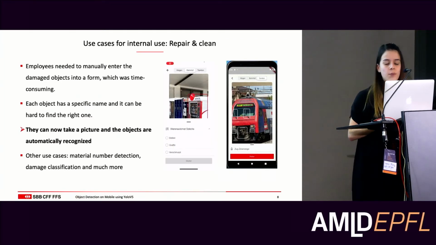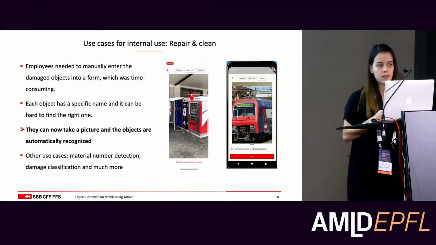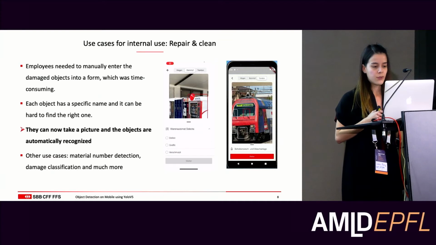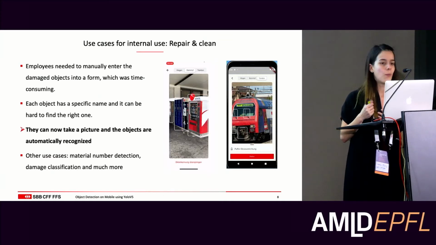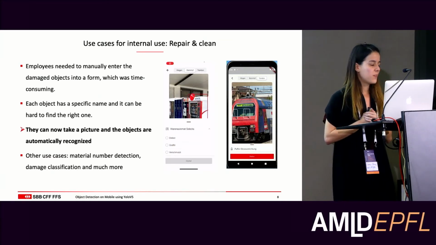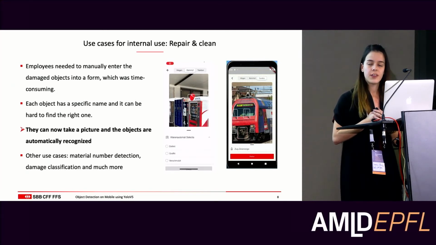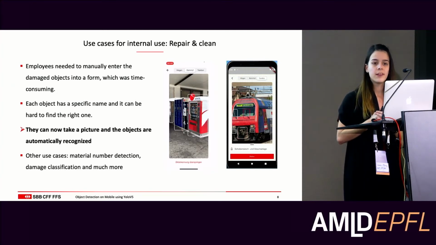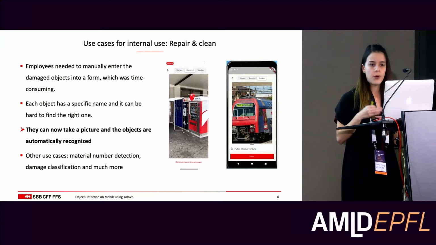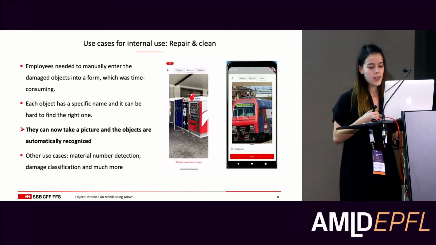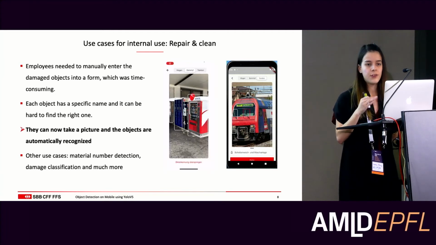We also have some other use cases, this time for internal use. So these are maybe some old examples. This is for the application Repair and Clean, and this is an application that is helping the reporting process. So if somebody were to report that an object is broken or an object is dirty, at the time, the employees had to fill out forms, and this form would take a few minutes.